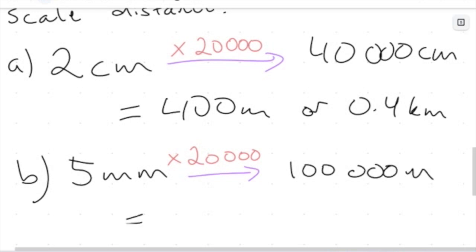And I can also write this as 100 meters here. So this is how we can go about using scale factors. And this can be for models, for maps. We use these types of ratios in a variety of different ways.